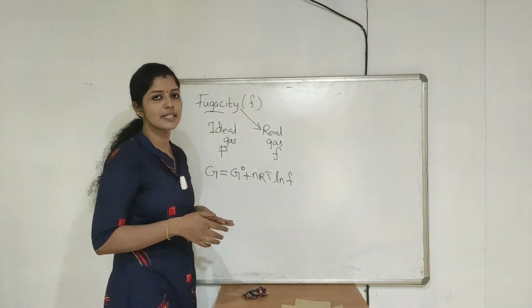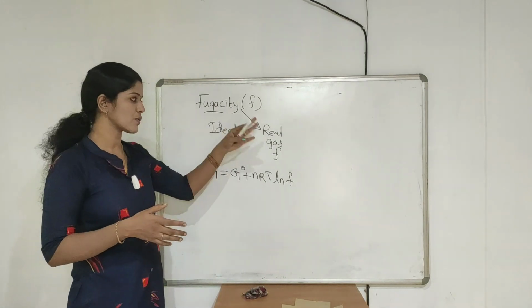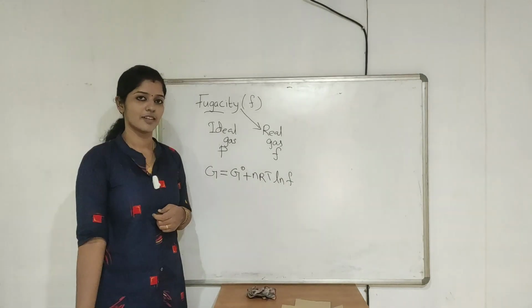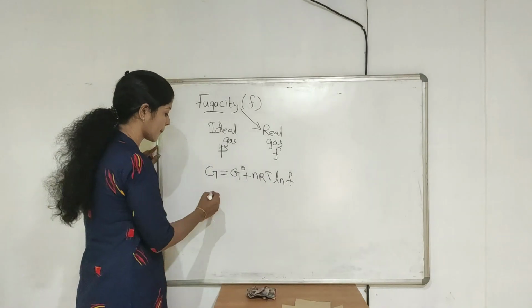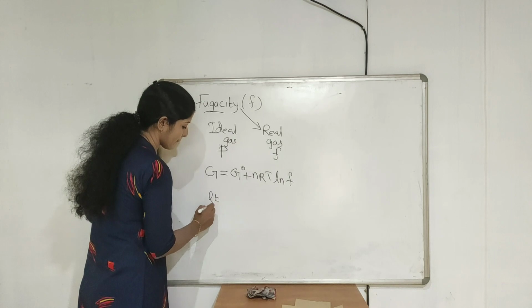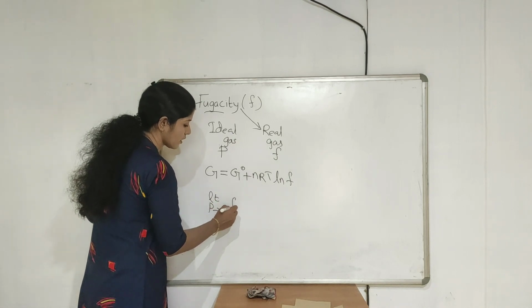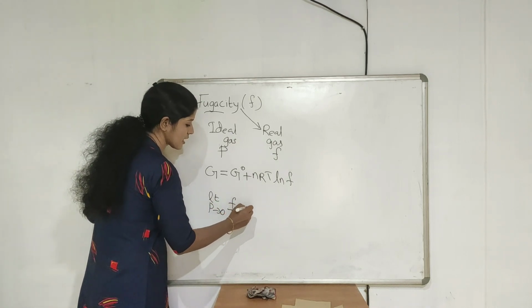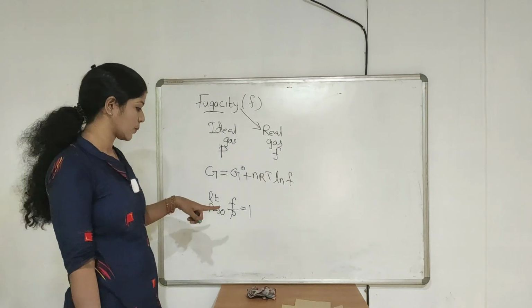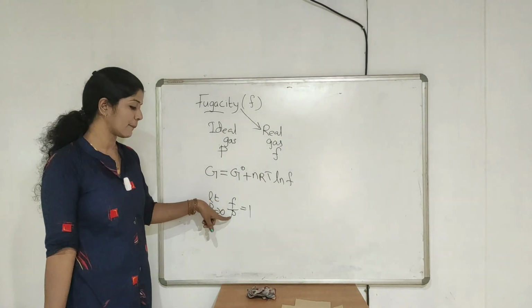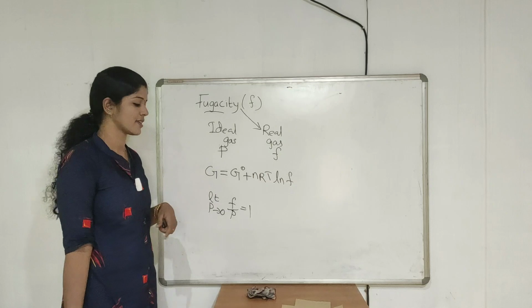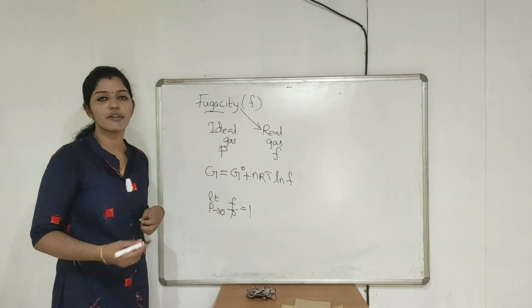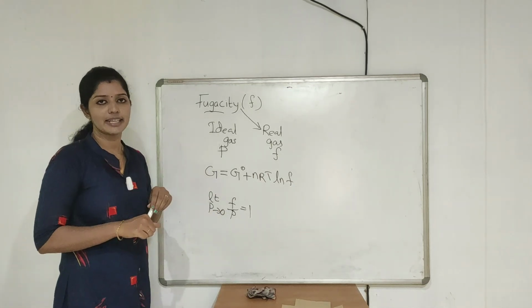So fugacity means pressure, a term we use for real gas. Mathematically, limit P tends to 0, F by P is equal to 1. F is fugacity and P is the pressure of an ideal gas. When P tends to 0, our real gas will behave like an ideal gas.